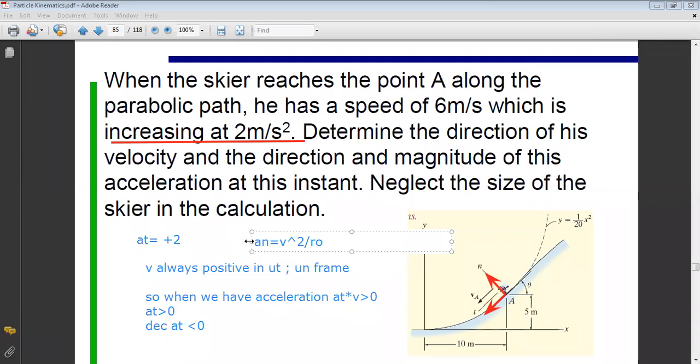Okay. So now, what is the formula? If we go back to the formula here, we want to apply it. I will write it here.